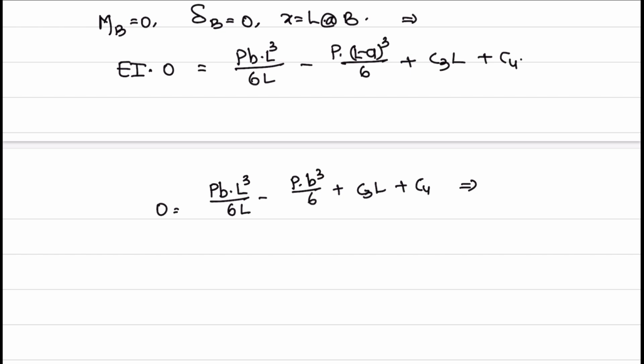That implies 0 is equal to PB into L square by 6 minus PB cube by 6 plus C3L plus C4.